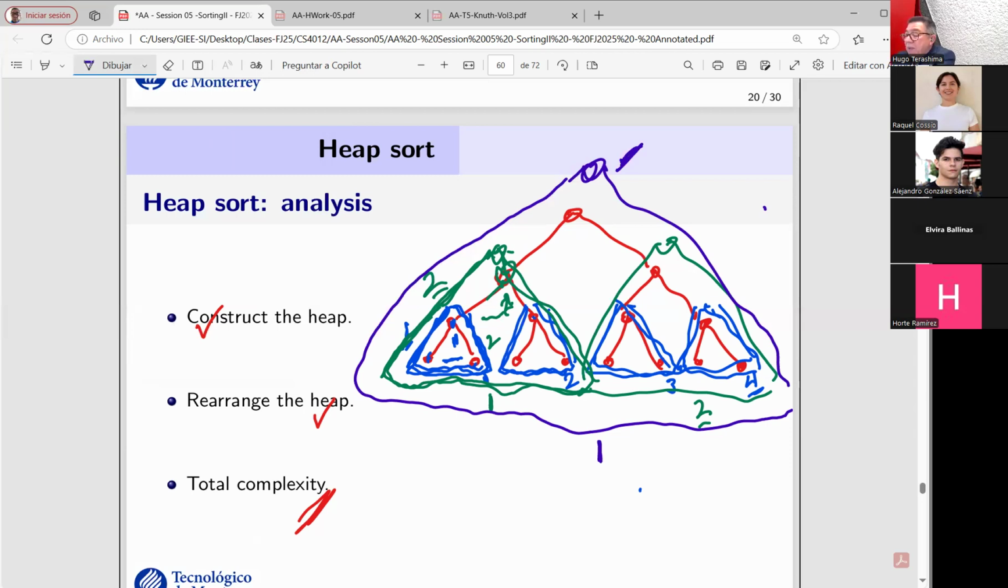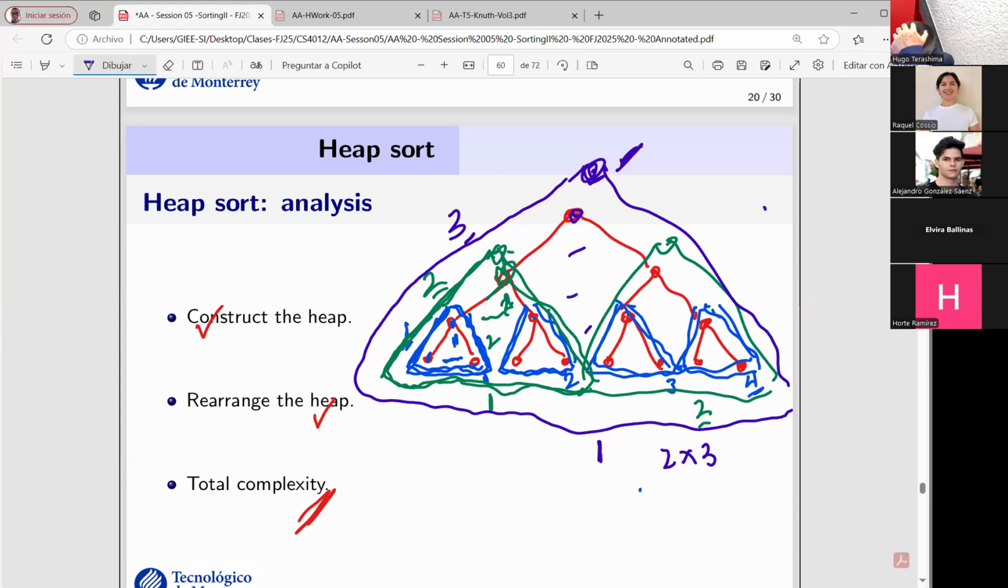It's going to be 3, right? So I have 1 tree, and the height is 3. And what is the cost of constructing the heap? This element is going to go all the way down. So it's going to be 2, 2, 2. So the number of comparisons is going to be 2 times 3, right?